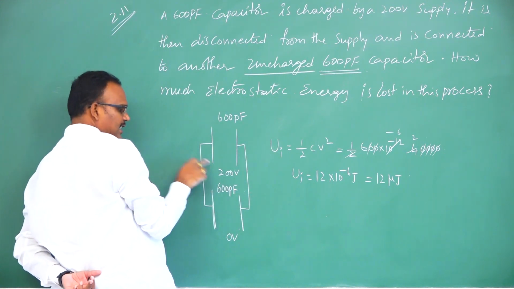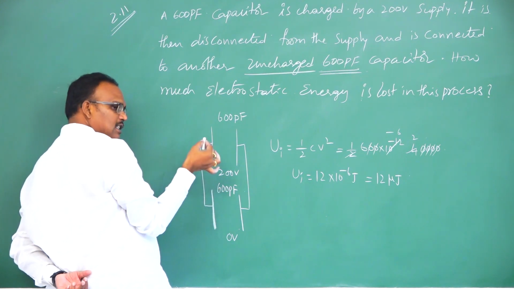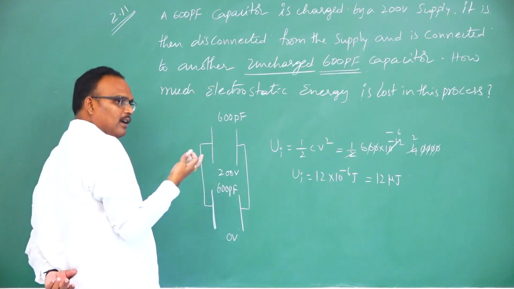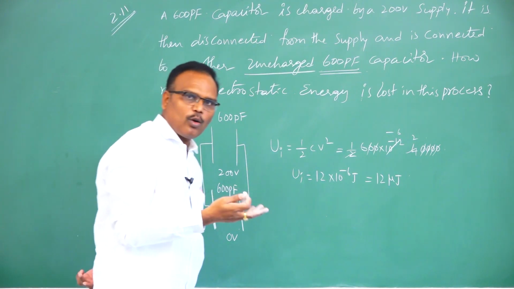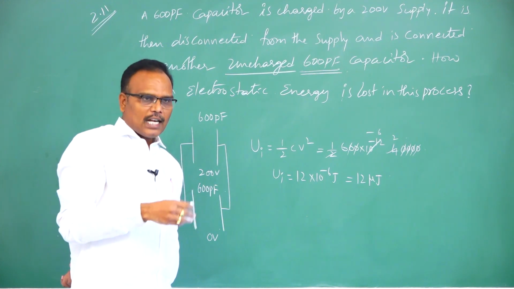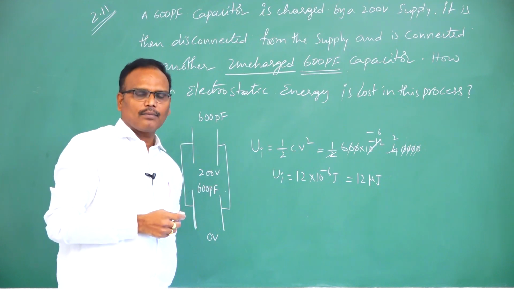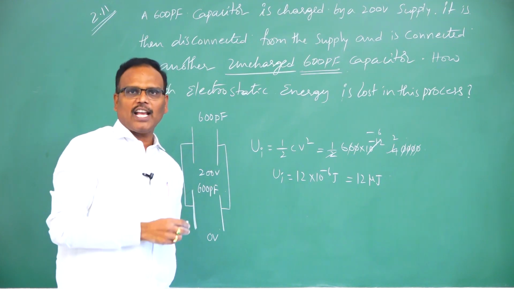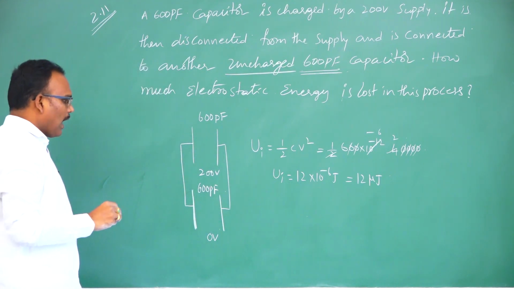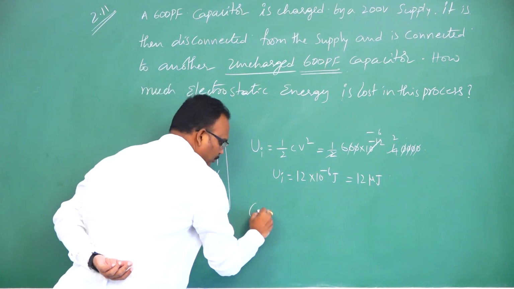Here potential is 200 volt, here potential is 0. So charge flows from higher potential to lower potential. How long does charge flow? We know it flows until the potentials become equal. That means they should acquire a common potential. So I'll write here the expression for common potential.